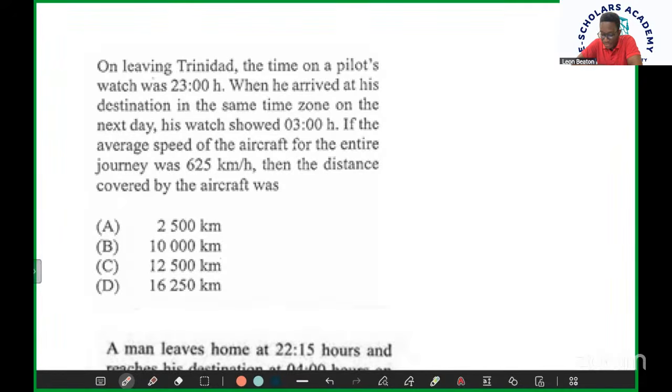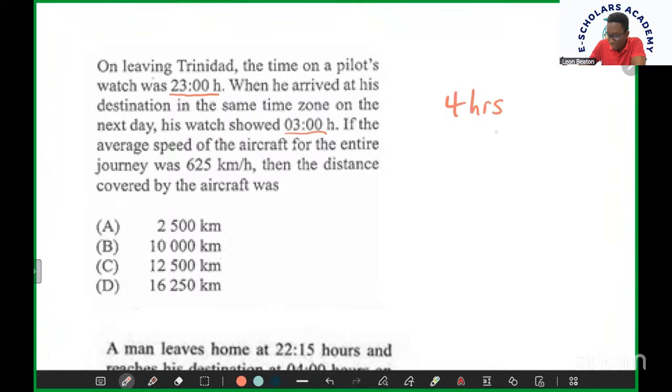If the average speed of the aircraft for the entire journey was 625 km per hour, then the distance covered was, so we see every hour he covered 625 km. So first of all, let's see how many hours the journey actually took. So the journey took, he left at 2300 to reach at 3 hours, so he took 4 hours.